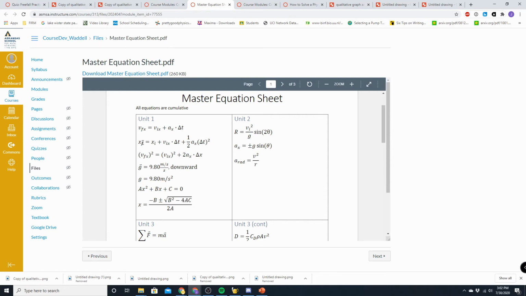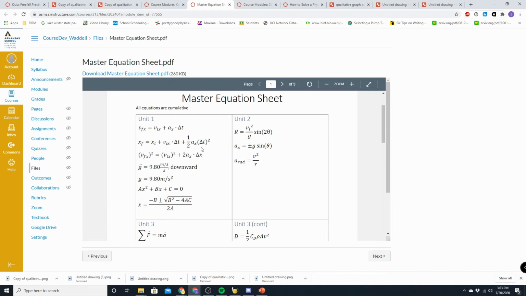But if we look at the second equation, we know YF, we know YI, we know VIY, we know AY, and we're looking for delta t. So this equation only has the one variable that we're looking for. Unfortunately, sometimes it might not be that great to solve because it is a quadratic.